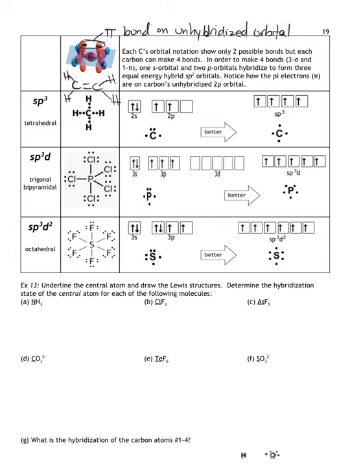And this explanation helps us to really understand it. So each carbon's orbital notation describes the hybridization and why the pi electron is occupied on an unhybridized 2p orbital, just as I stated up here.